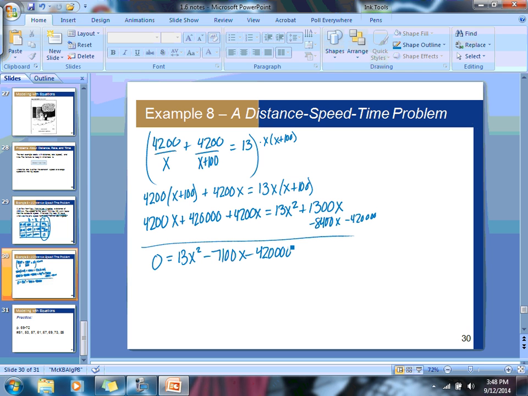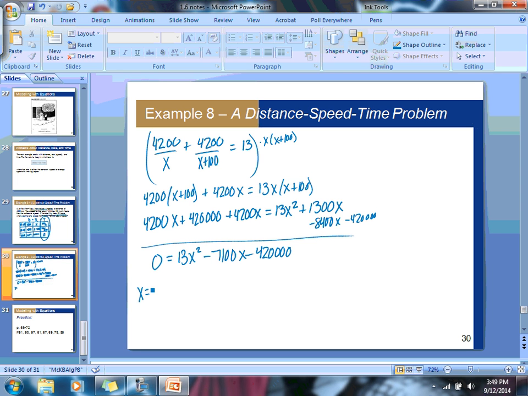Now, I don't know what the factors of 4,200,000 are. I know the factors of 13, but it's going to take a lot of guessing and checking to try and figure out what the proper factors are so that my outers and my inners will add up to the 7,100 or the negative 7,100. So since I have really big, complicated numbers here, the best approach is probably to do the quadratic formula.